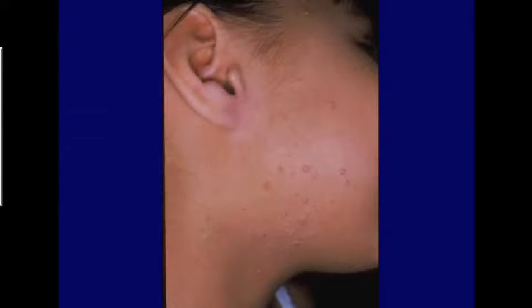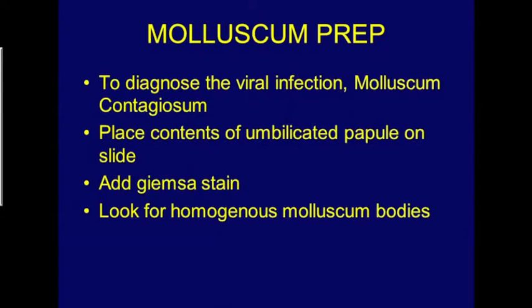And then we have molluscum lesions, and you can see this is a young child with molluscum. You don't need to do a prep because this is fairly classic, as the lesions are very discrete. They're umbilicated, and look for the umbilicated nature in order to establish a diagnosis. But you actually can express the material that is in that umbilicated papule, and you can stain it with Giemsa or with rose Bengal, and you can look for molluscum bodies.